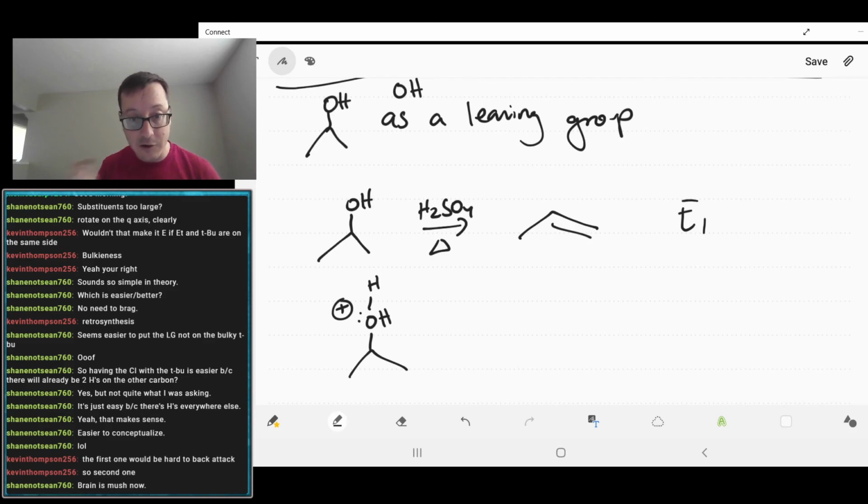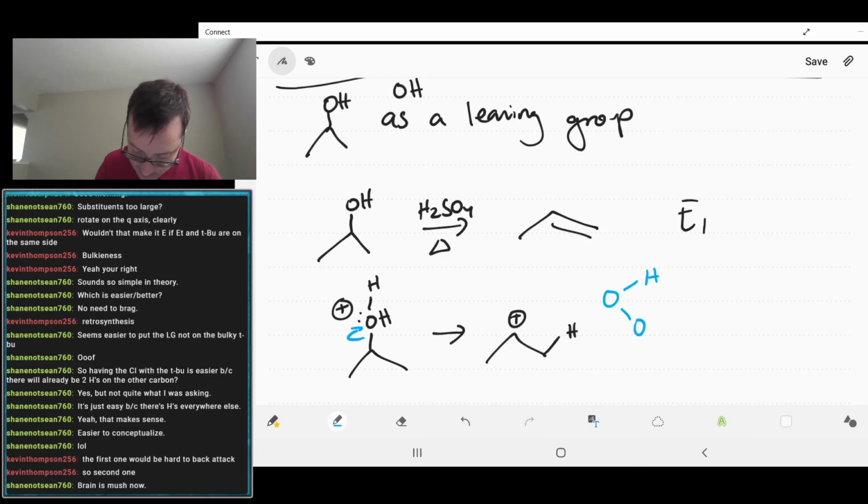Now we have a very good leaving group. OH is a terrible leaving group. However, OH2 plus, aka water, is a great leaving group. Ta-da! It leaves. We get our carbocation, which could migrate as necessary. And then some more water, that same water could come right back, and it's going to go ahead and eliminate.